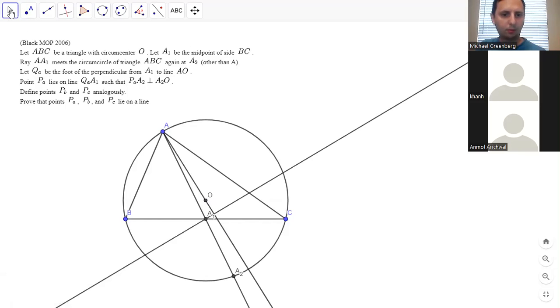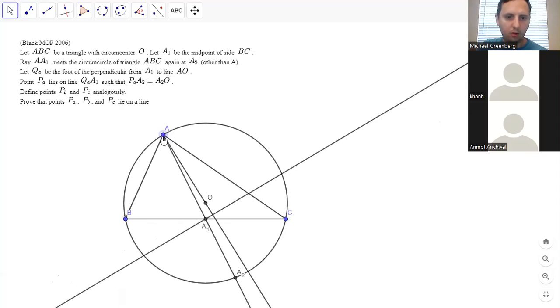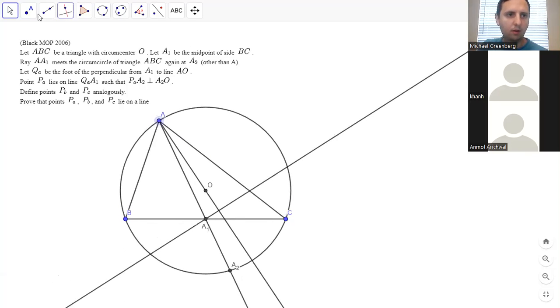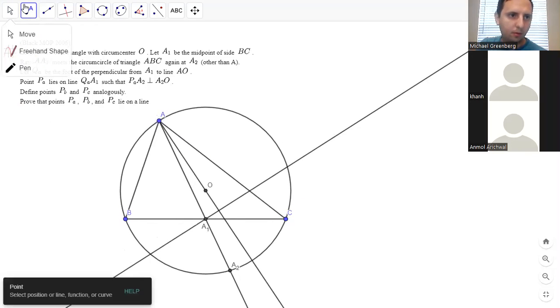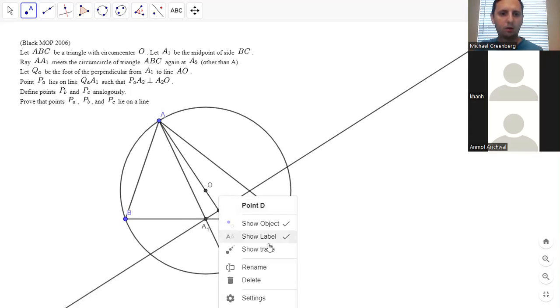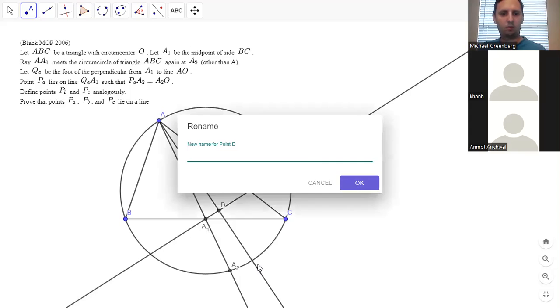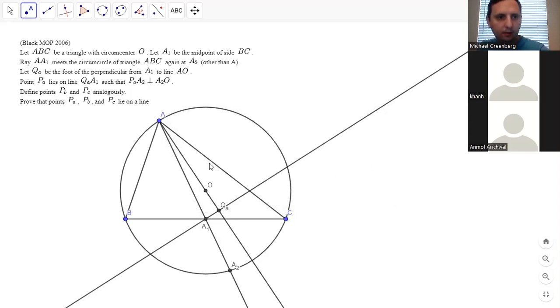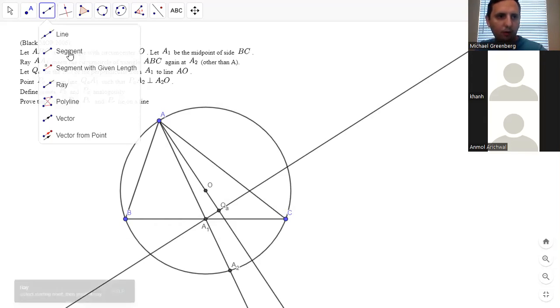Let me make some room. PA lies on QAA1, such that PA2 is perpendicular to A2O.